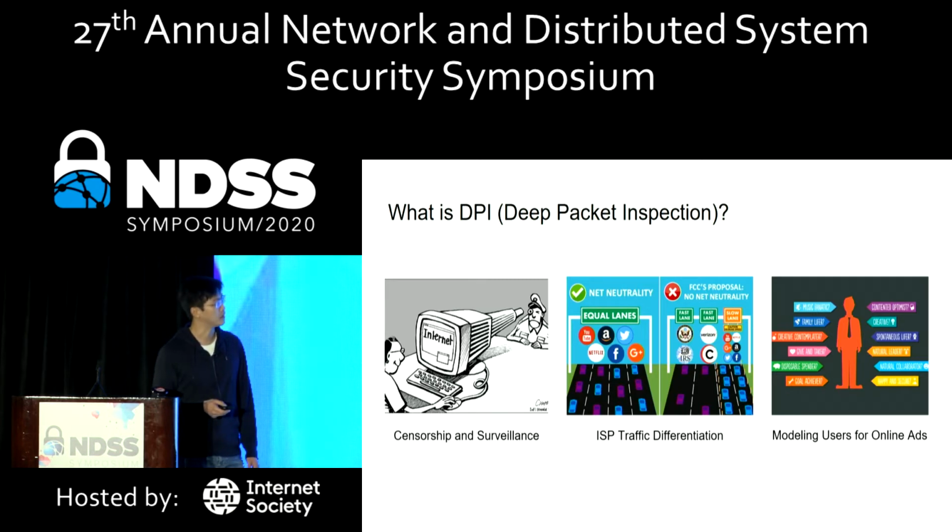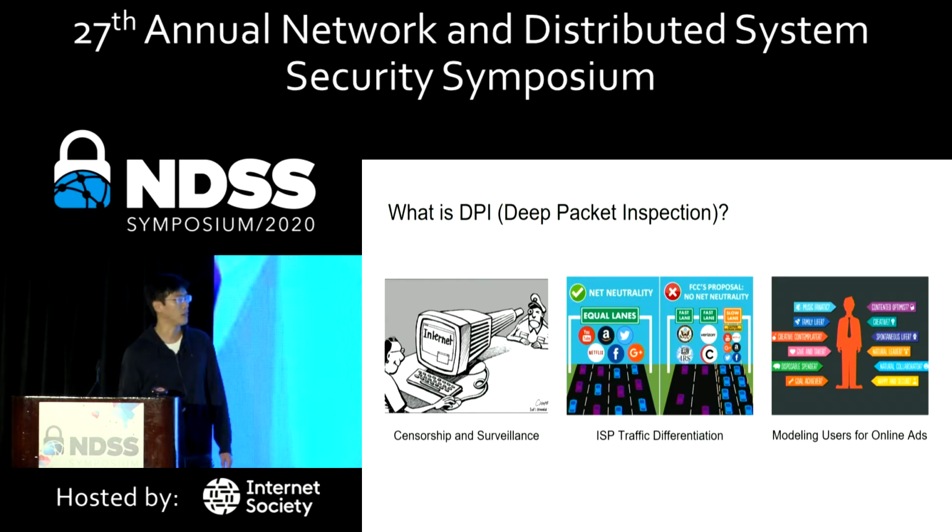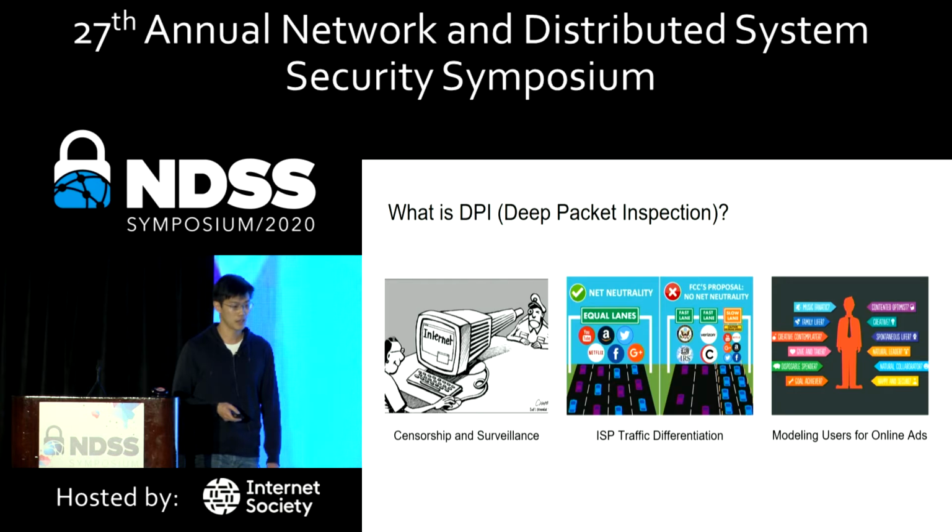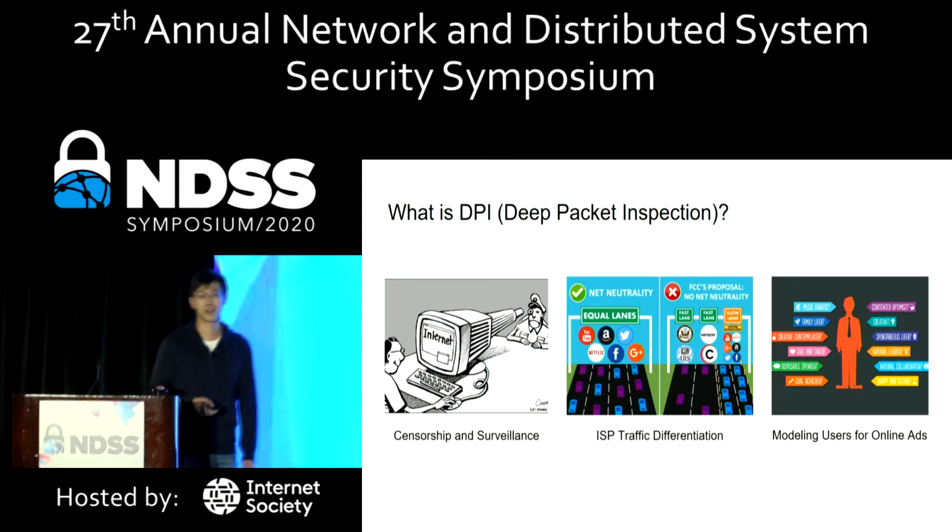Behind the scenes, the common technique used to extract high-level information from raw network traffic is called deep packet inspection, that is DPI. It is also the common technique used by most modern network intrusion detection systems and stateful firewalls. So you may think, I'm using HTTPS, or I'm using VPN, or I'm using Tor, so my traffic is encrypted and I'm totally safe.